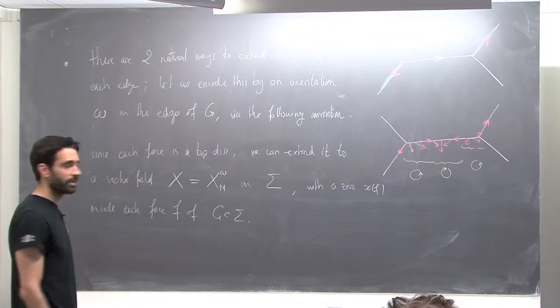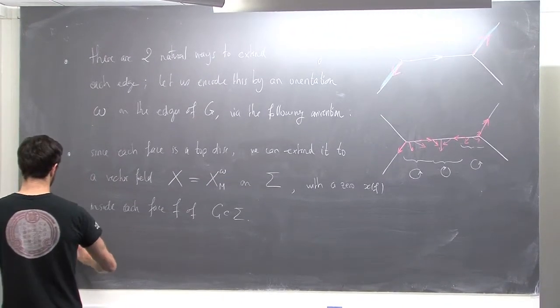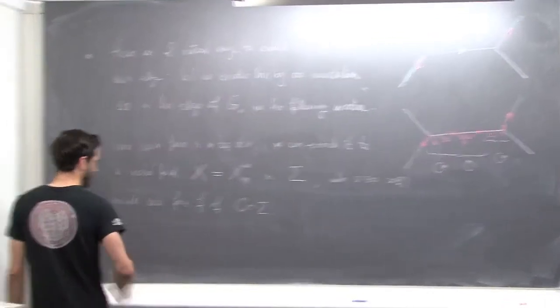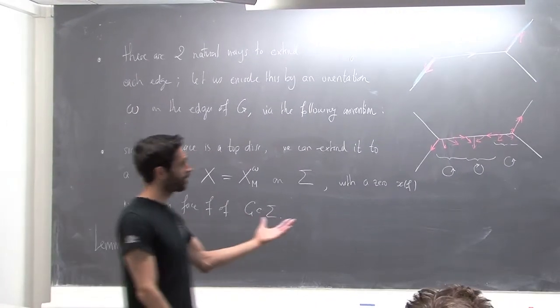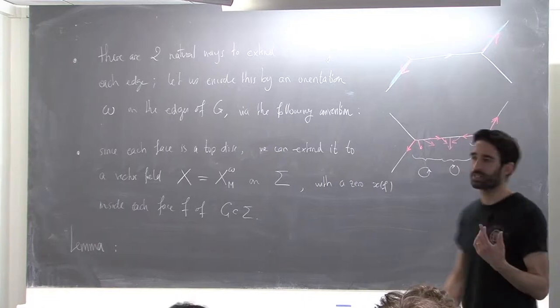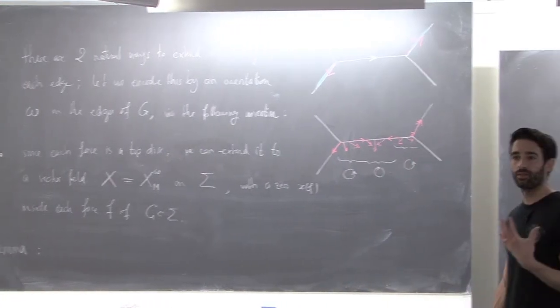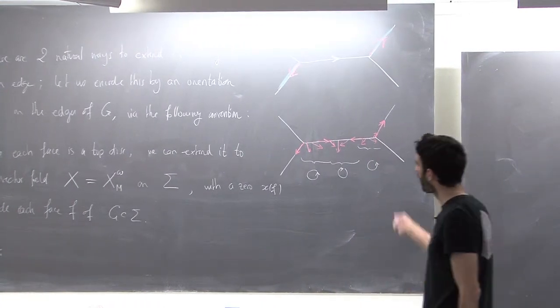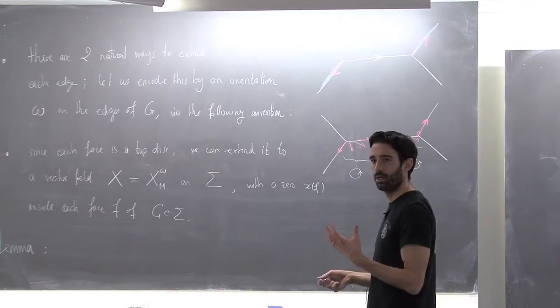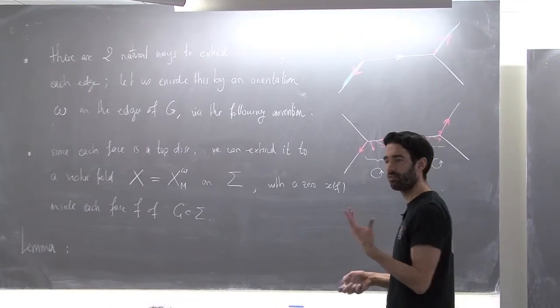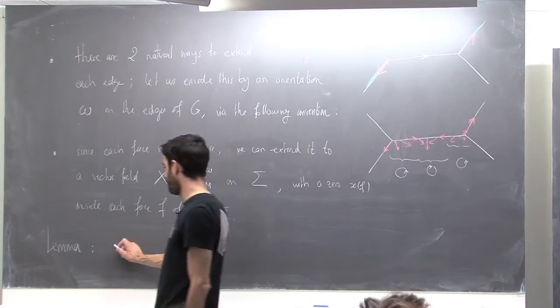Now here is the nice lemma. So we have constructed a vector field with isolated zeros. But of course, what we really want is a vector field with zeros of even index. So we would like to know when the zero inside a face is of even index. And here's the answer.